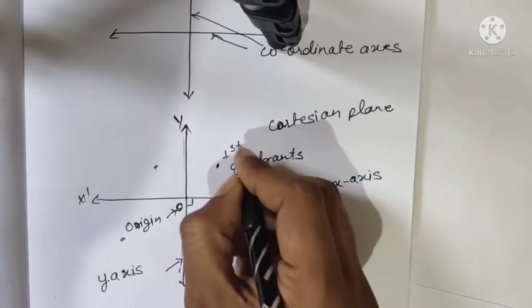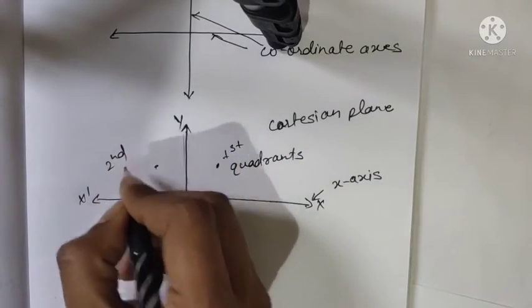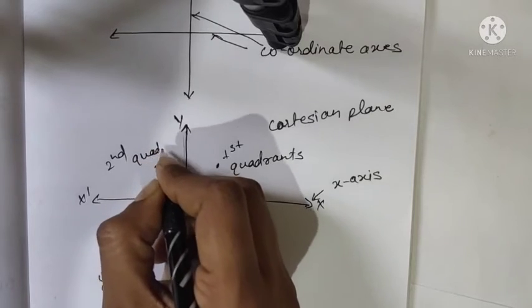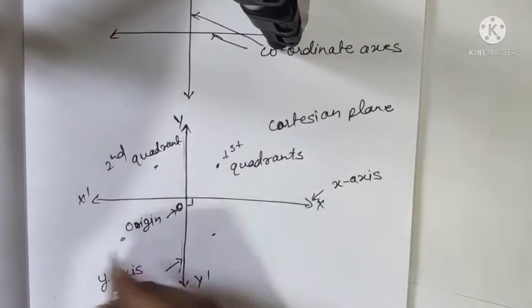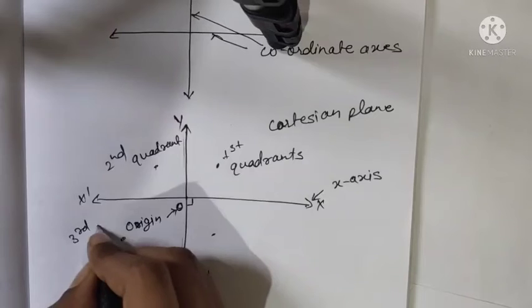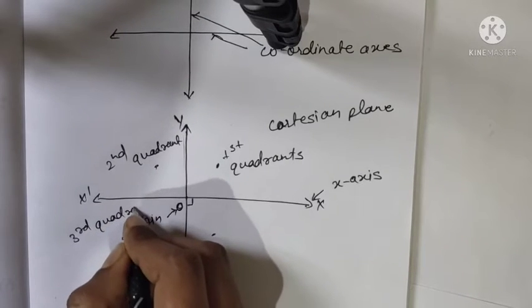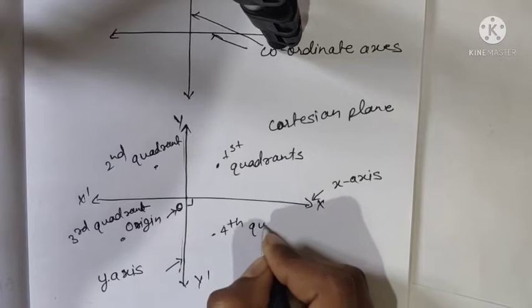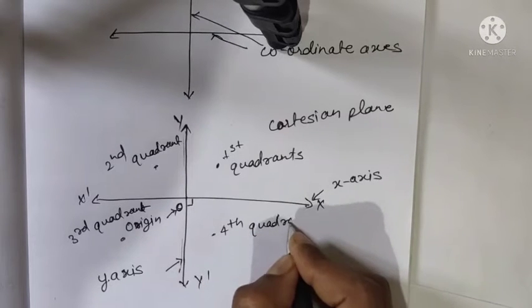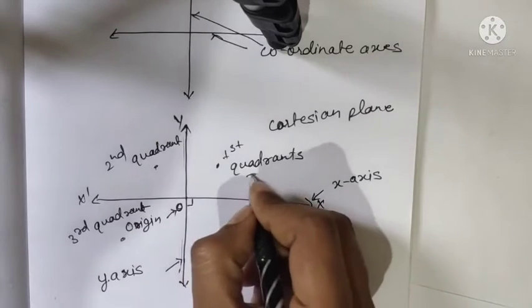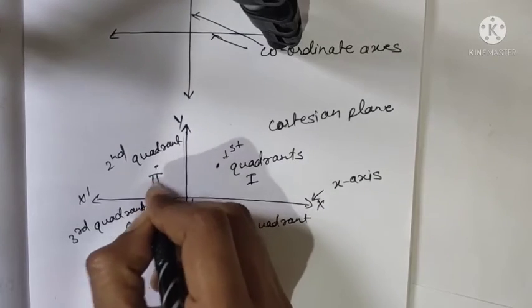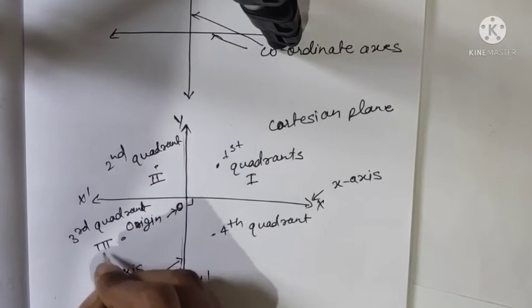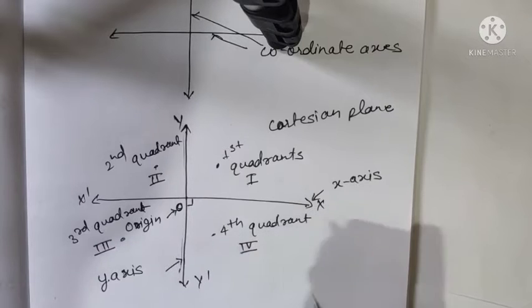This is our first quadrant, this is our second quadrant, this is our third quadrant, and this is our fourth quadrant. These can be noted by I, II, III and IV in Roman numerals.